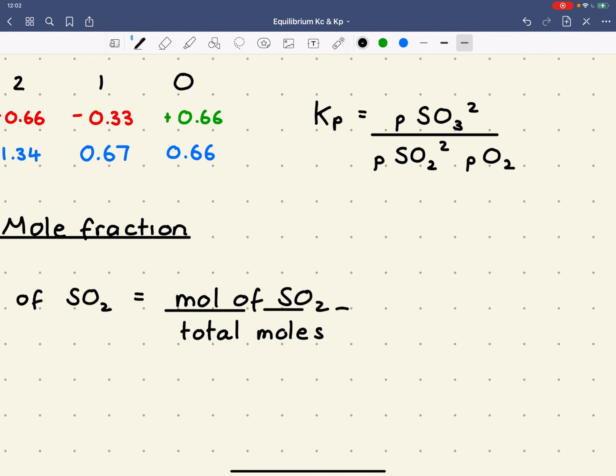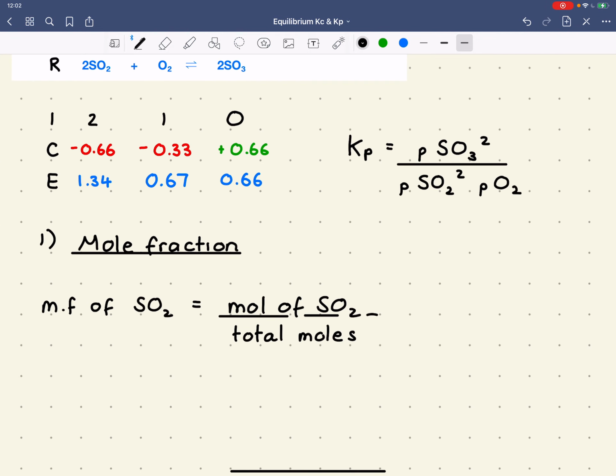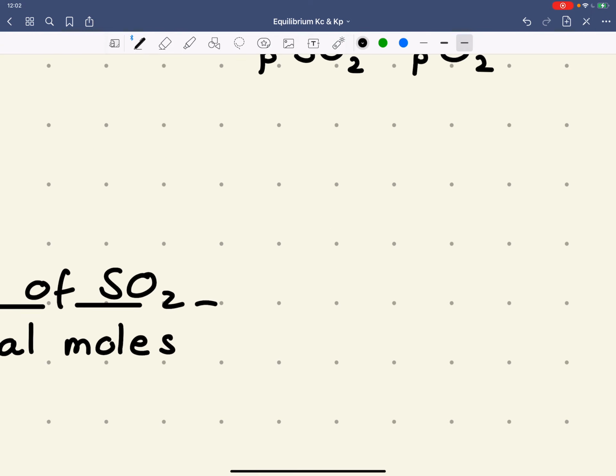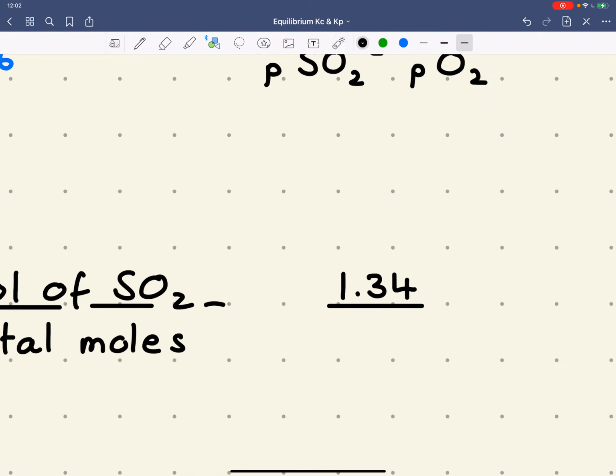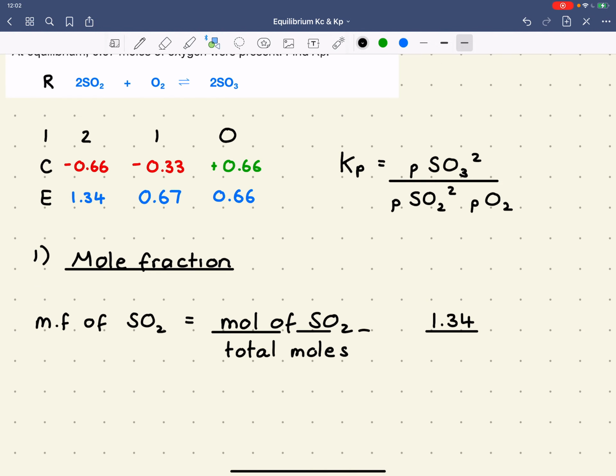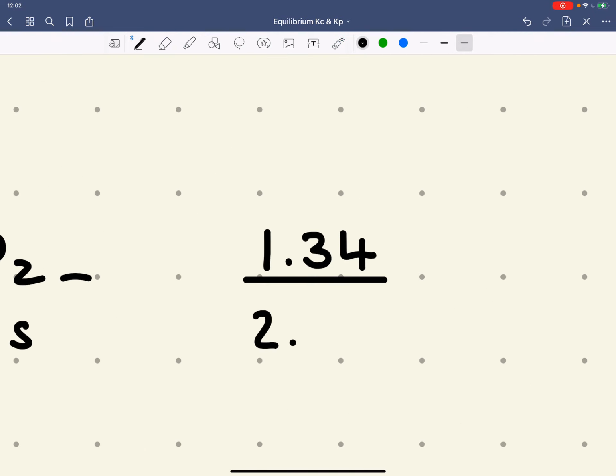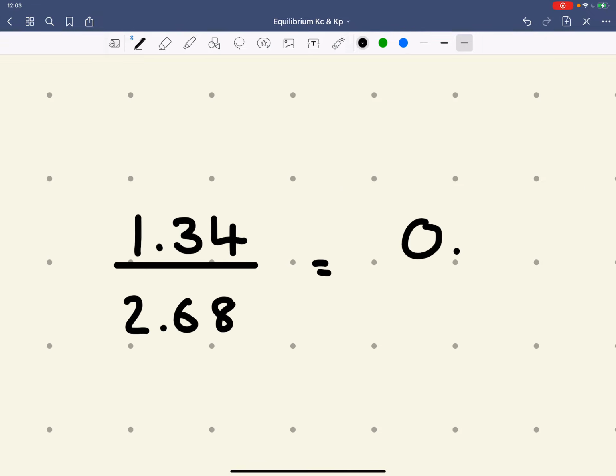So the moles of SO2, as you can see from the RICE table, is 1.34, divided by the total number of moles, which remember is these moles values added together. That gives me 2.68 when you add them together, and it gives me a mole fraction of 0.5.